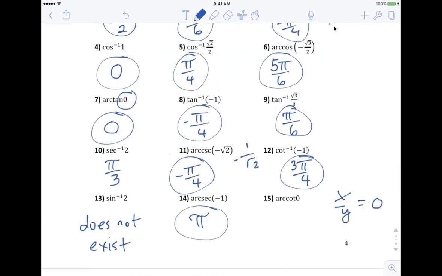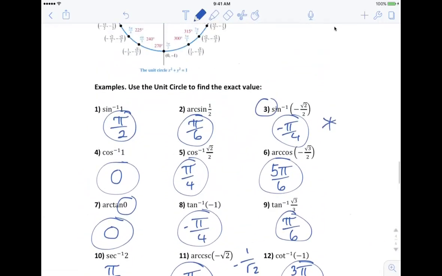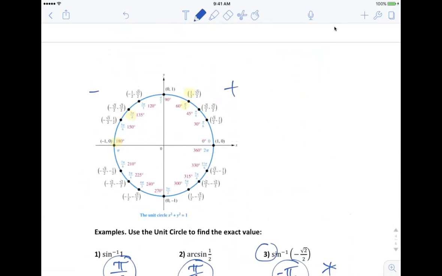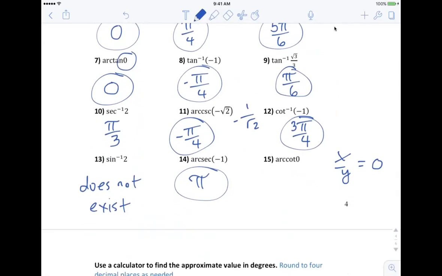So I have to have an x coordinate 0, and I have to be within my 0 to pi range. So is there any x coordinate equal to 0 in this range? I see it right there. There's an x coordinate of 0 at pi over 2. So this one would equal pi over 2.